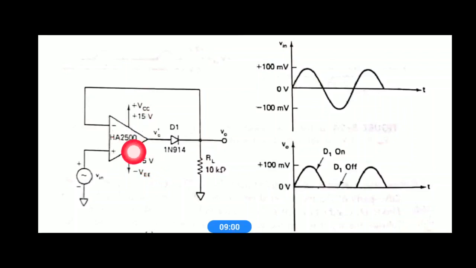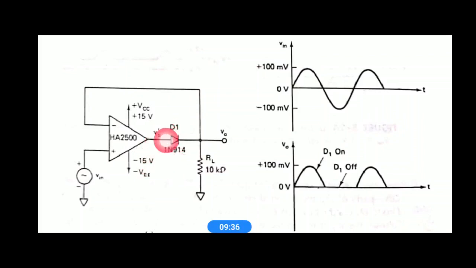Actually, take it as 10,000. Then 1 millivolt times 10,000 gives you 10 volt at the output.